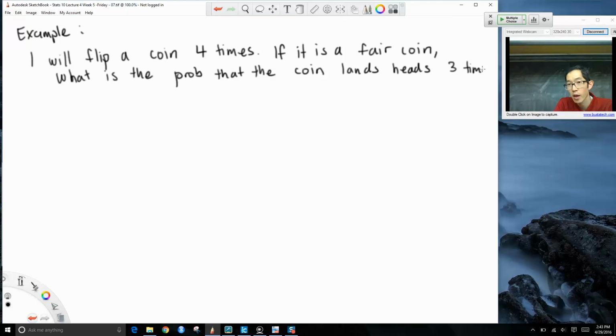So in this scenario, n is the number of times we're repeating the random trial, so what is that? 4, we're flipping the coin 4 times.